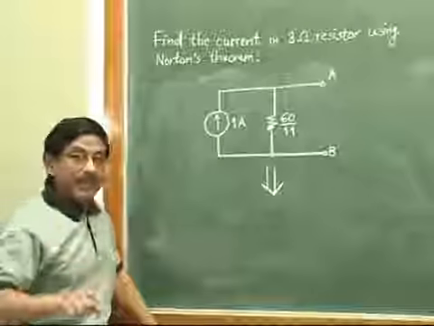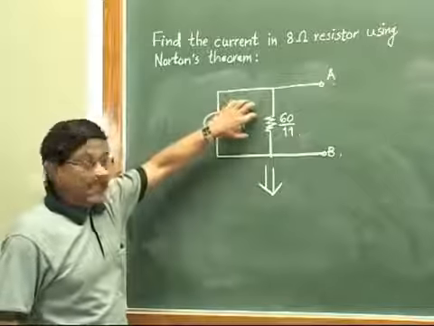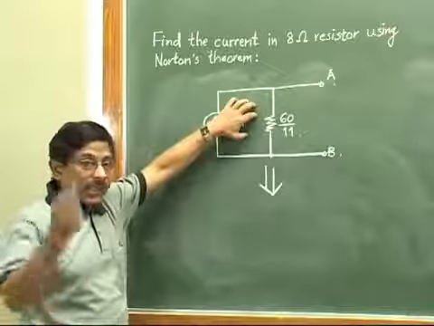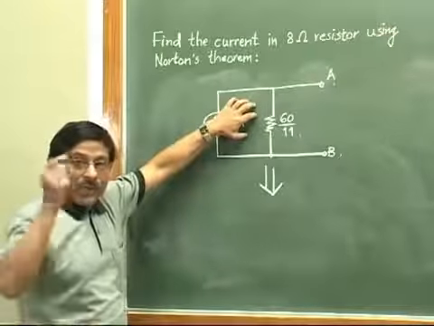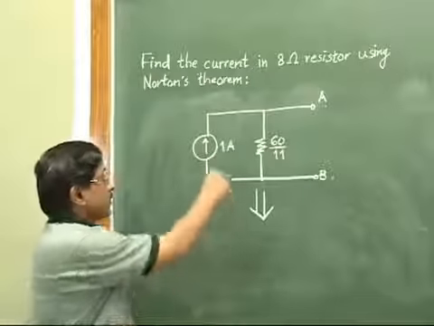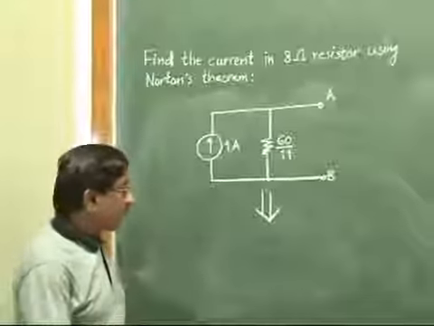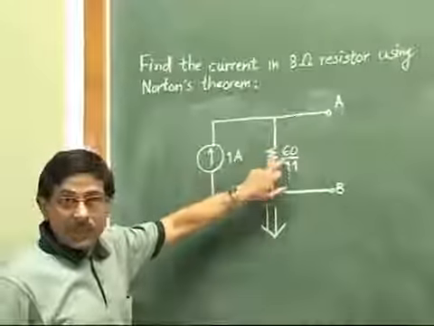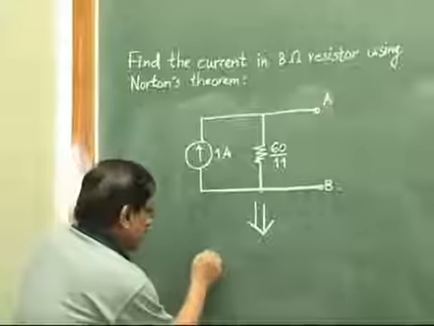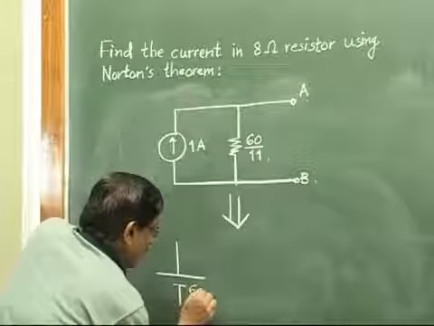We have earlier learned as basics that if such a circuit is given and if this is a practical current source, then converting it into an equivalent practical voltage source is a simple job. Current into this resistor must be equal to the value of the equivalent voltage source. So 1 into 60 by 11 is 60 by 11. So the equivalent voltage source would be 60 by 11 volt.